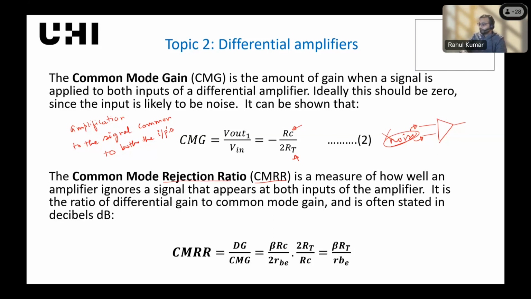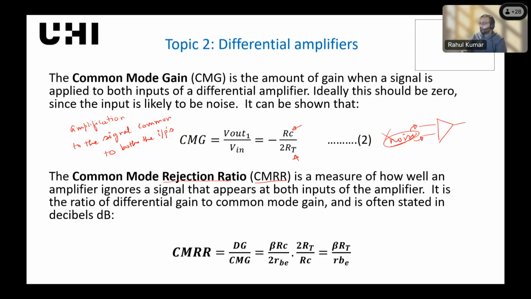Okay. Now it is basically a measure of how well the amplifier rejects a signal or noise which is common to both the inputs of an amplifier.